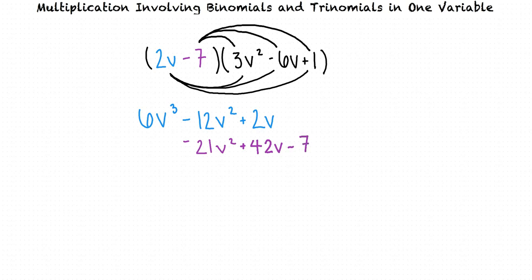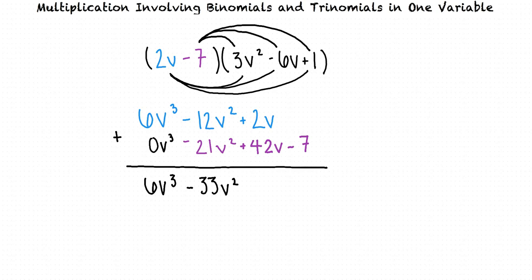Now, we can add the vertical columns. Since the bottom polynomial doesn't have a v cubed term, 6v cubed plus 0v cubed is 6v cubed. Then, negative 12v squared minus 21v squared equals negative 33v squared.